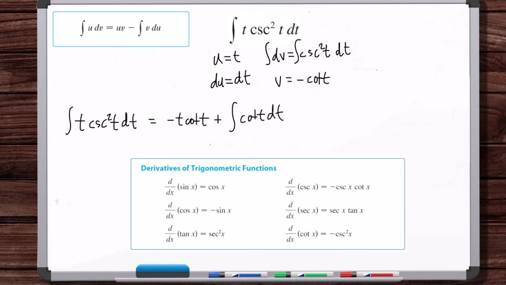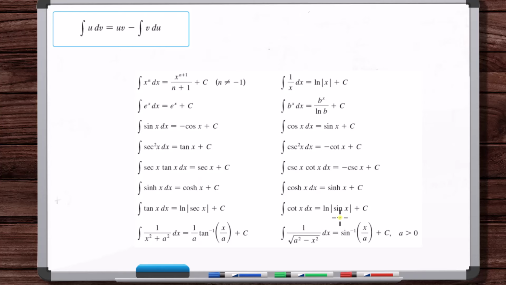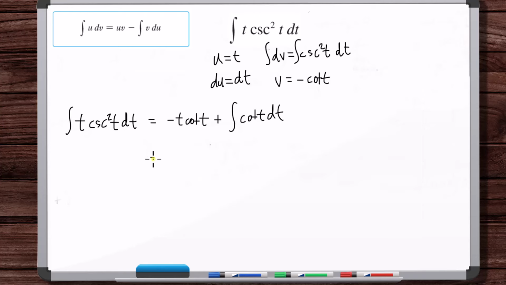Actually, it might be a little more involved than I thought to figure out this integral, so I'm assuming it's going to be in the table of integrals that the textbook gives us. And yes, it is: natural log of the absolute value of sine x. So let's just go ahead and use that. Plus natural log of the absolute value of sine t plus c.